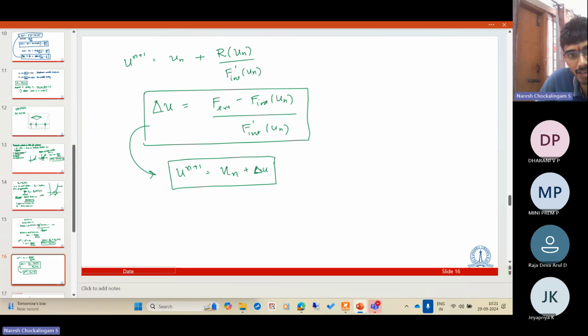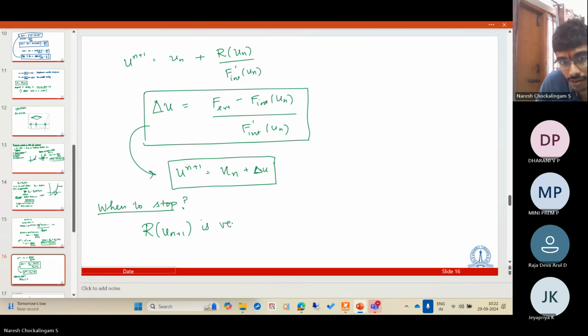Then how do we stop? So this iteration we can keep on doing. Well, when to stop? If that value is tending to 0, then we can stop. Which value is tending to 0? R of un plus 1. Yeah, perfect. When r of un plus 1 is very small, we can stop.